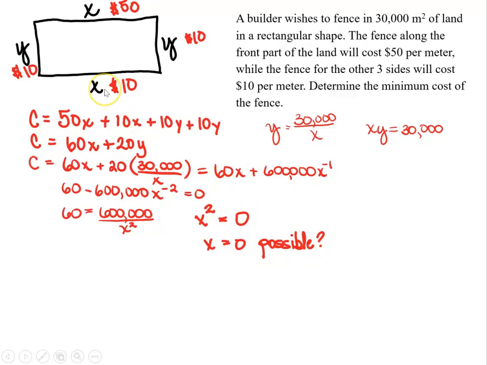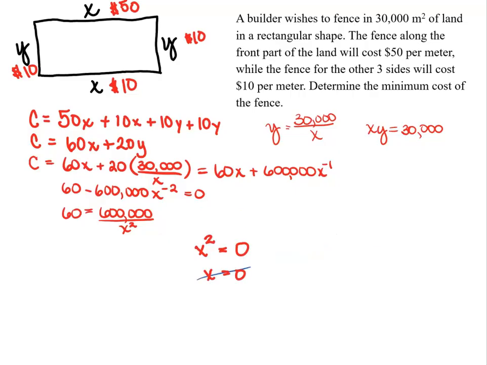If you go back up here and say, okay, if x is 0, then that means my area, 0 times anything would be 0. That means my area would be 0. And it can't be because they told me that my area was 30,000. So we're going to toss 0 because that's not a possibility. So I don't have to worry about that critical number because it's not relevant to this problem.